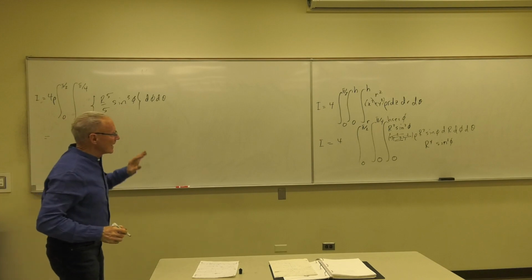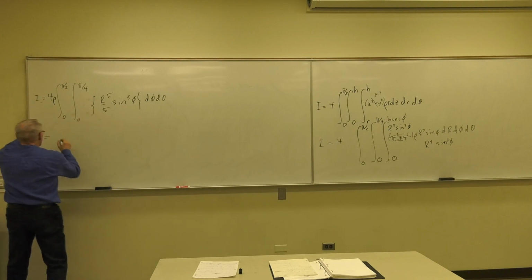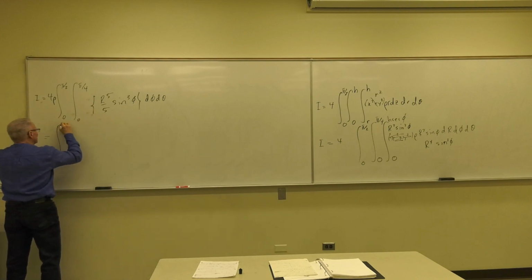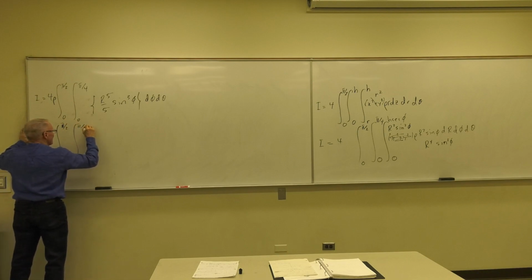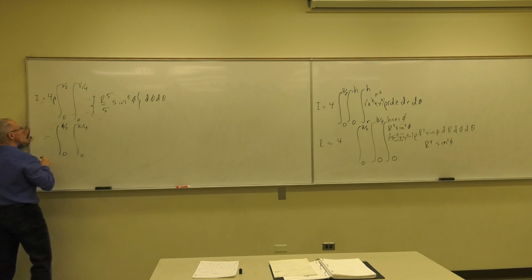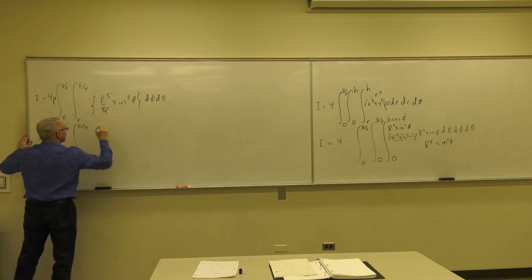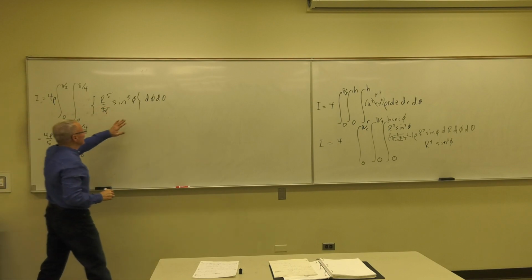Okay? All right. Substituting now, we've got integral 0 to pi by 2, integral 0 to pi by 4. Pull out the 5, so 4 rho over 5. So that's out. Oh, I forgot to put the limits on here.